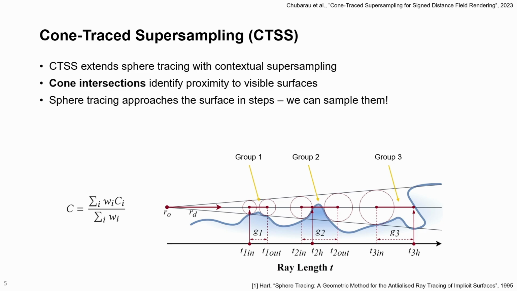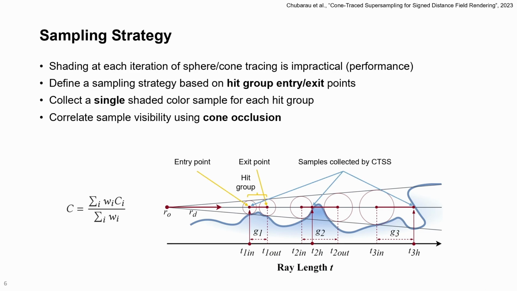So a pixel can obviously contain multiple partially visible surfaces, and so we basically want to integrate them for proper anti-aliasing. We can't just sample color at every iteration of sphere tracing because that would be impractical. That would be just too slow. So what we do is we first identify what we call hit groups, and these are segments along the traced ray with consecutive partial cone occlusion.